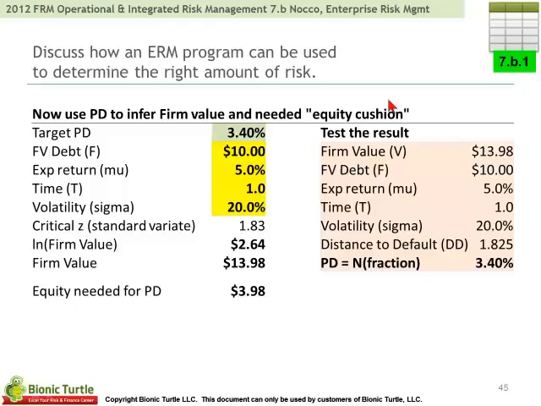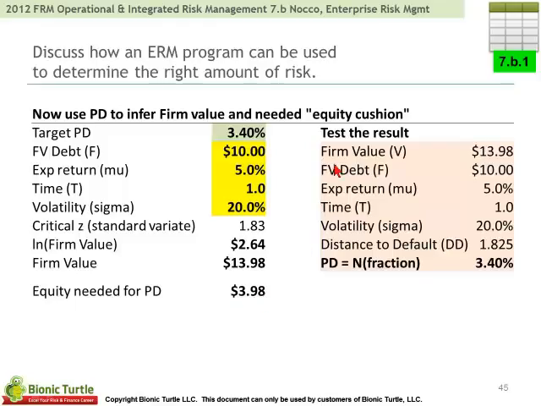And then, no surprise here with Stolz, it uses the Merton model to infer the equity that would be required in order to produce a target probability of default of 3.4%. If we solve out for the Merton, the equity needed would be about 3.98. You can consider that almost 4 million.